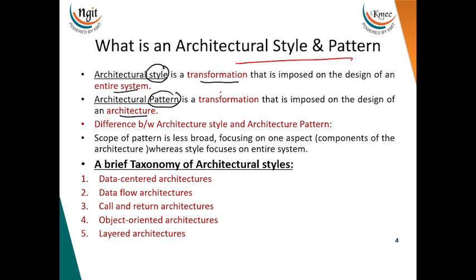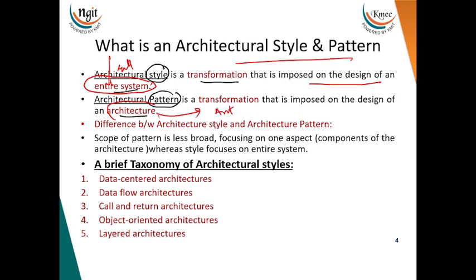Architectural style is nothing but the transformation of the entire system. It gives you the structure imposed for the design of the entire system, whereas an architectural pattern is imposed on the design of an architecture. Here, style is about the entire system, whereas here it is the architecture of a system.